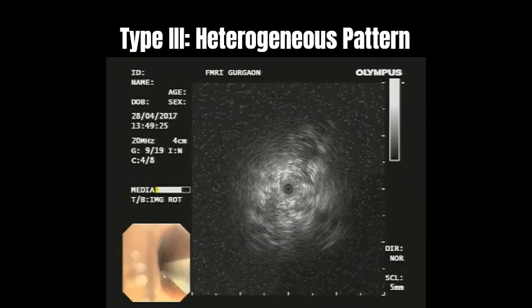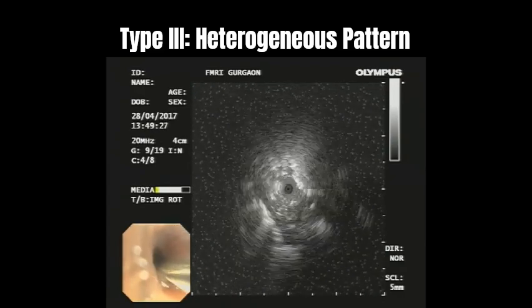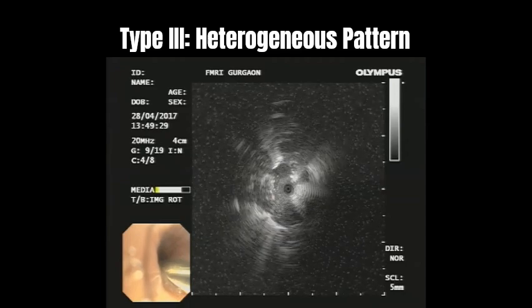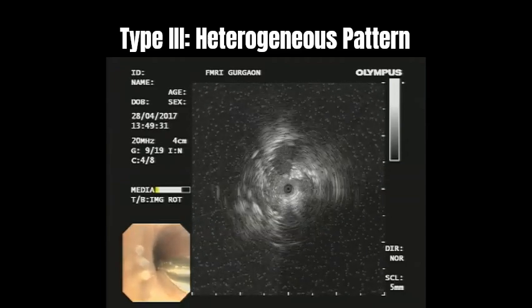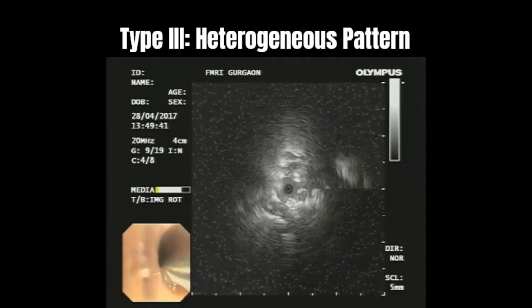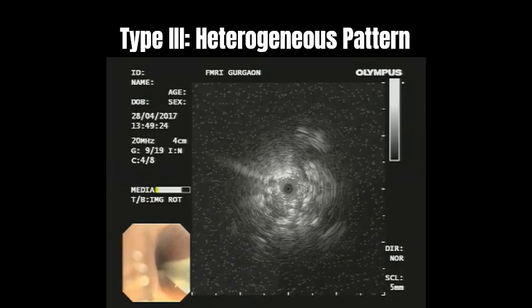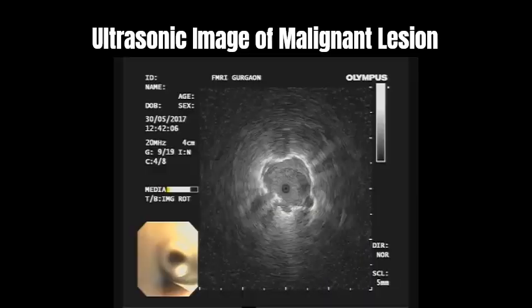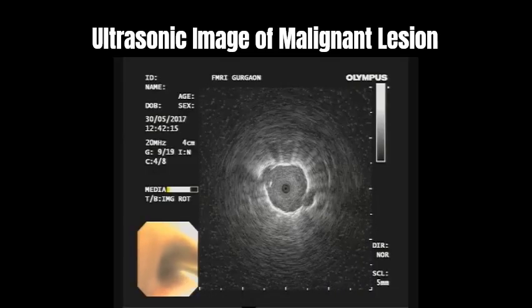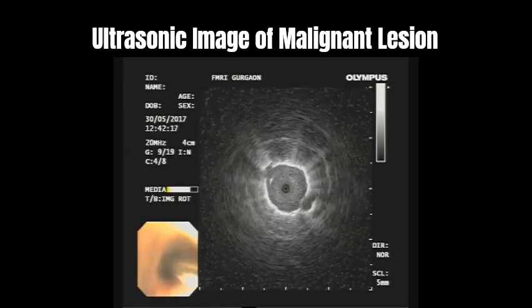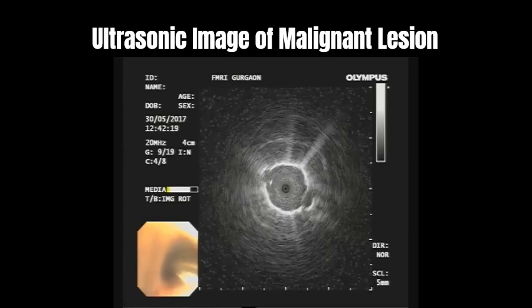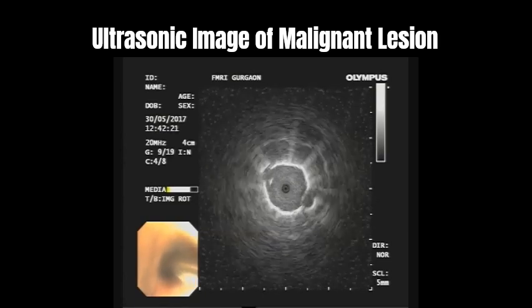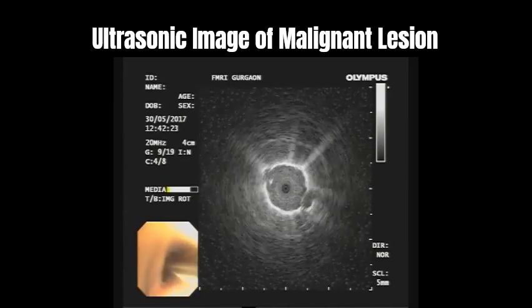Type 3. Heterogeneous pattern has irregularly distributed areas of hypoechoic and hyperechoic mottling within the lesion, corresponding to compressed or stenotic bronchi and alveolar air. Ultrasonic characteristics of malignant lesions include hyperechoic margin, homogeneous gray internal echoes, and absent or scant mottled and hyperechoic areas.